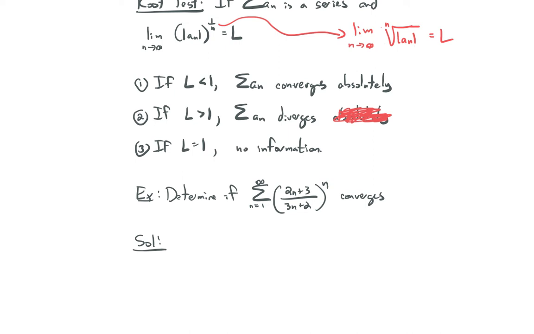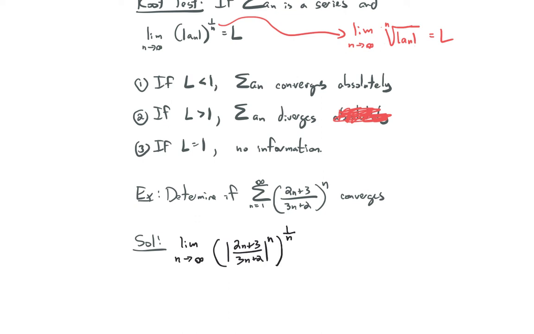And a good time to use the root test is when you have a term to the nth power or something like that. So let's go ahead and do this. So using the root test, we're going to take the limit as n approaches infinity of the absolute value of our term, 2n plus 3 over 3n plus 2 to the n, that's our term, and we're going to take the nth root of it, or the 1 over nth power.